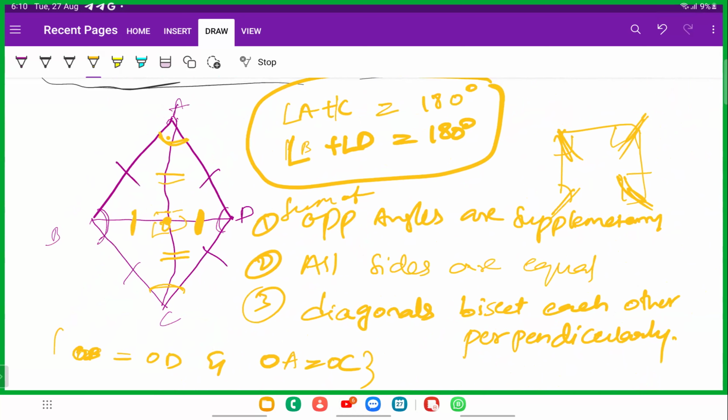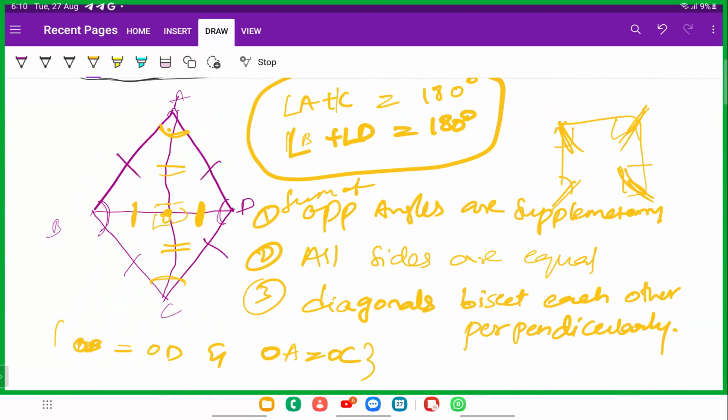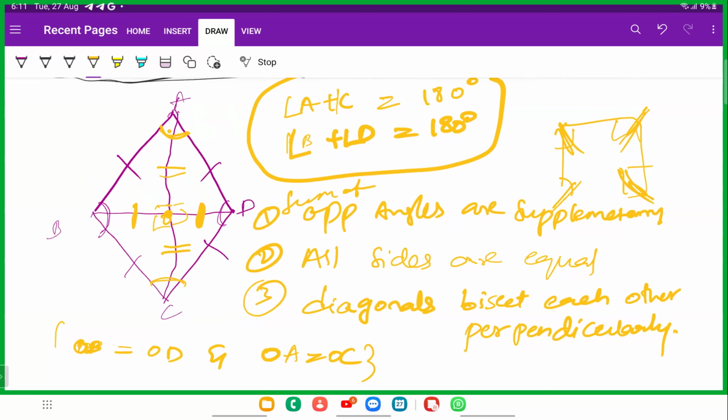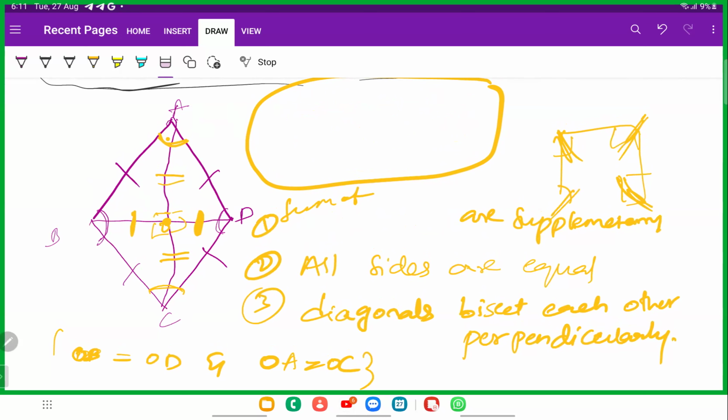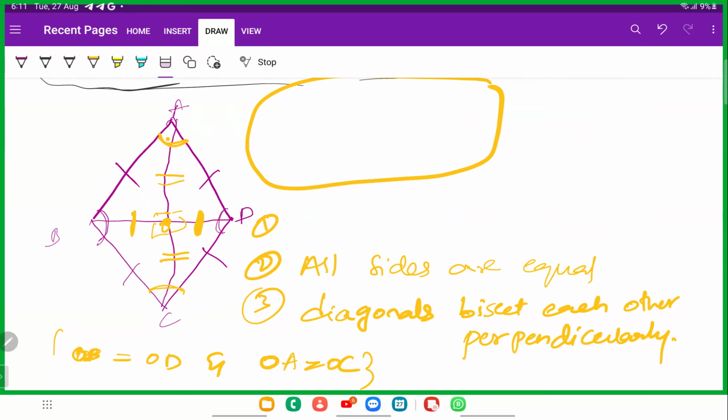So the angles may be different. If angle A is 100, angle C will also be 100, sir. If you add them, it won't be 180, sir. Let me check.